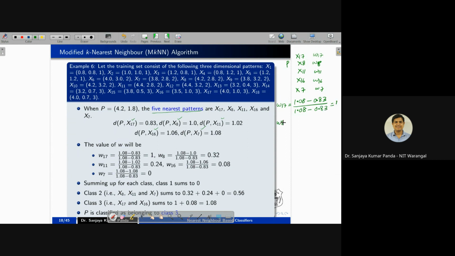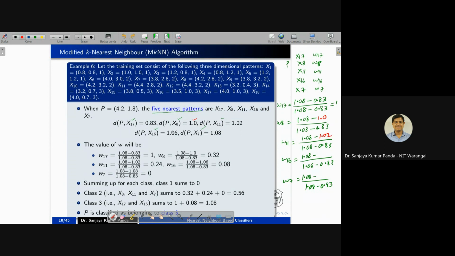Similarly for W8, 1.08 minus 1.08 minus 0.83. W11 case also, and W16 case also. Similarly, W7 case you can write like this. Only you have to put the current distance. So here I'll put 1.0 based upon this value. Next I'll put 1.02.